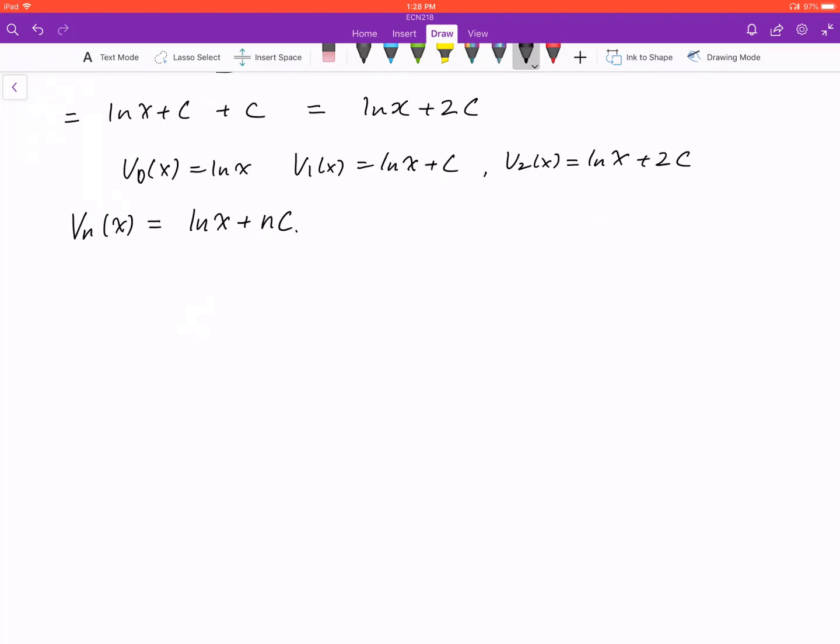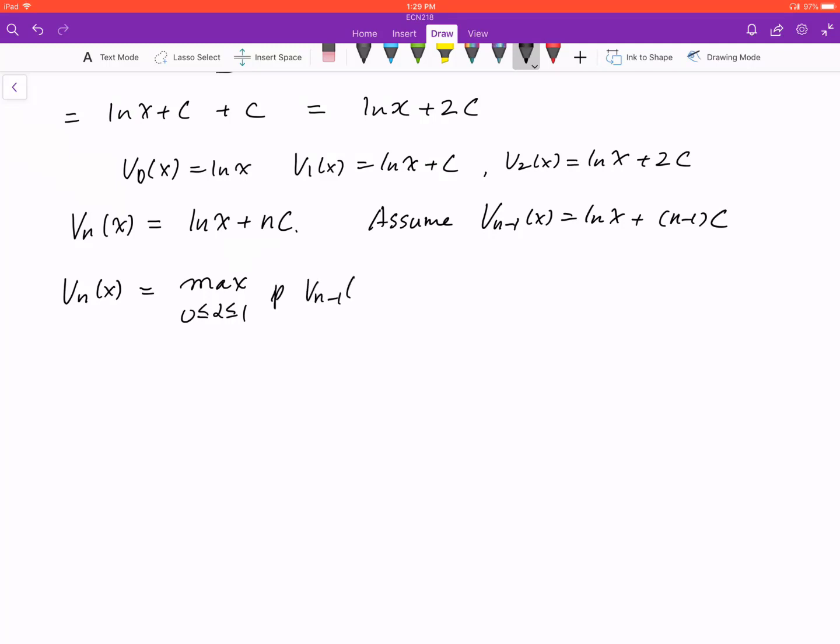We can easily use induction to prove it, because we already verified the first step. So assume v(n minus 1) of x is log x plus (n minus 1)c. Then we plug it into the general Bellman equation: the maximum over alpha less than 1, bigger than or equal to 0, of p v(n minus 1)(x plus alpha x) plus (1 minus p) v(n minus 1)(x minus alpha x).